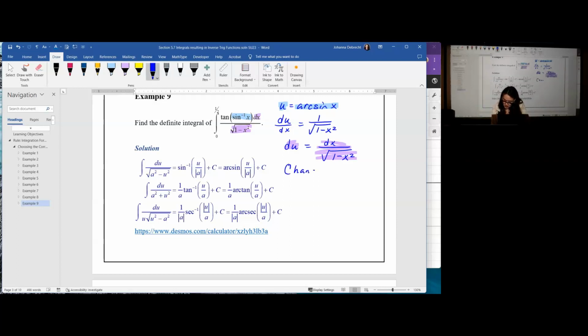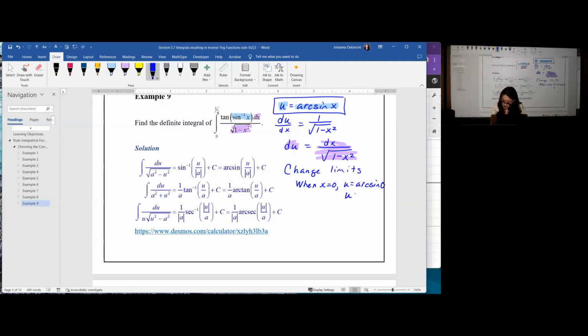If we want to change the limits, then I have to think about this equation here that u is the arcsine of x and say when x equals 0, then u equals the arcsine of 0, which is the angle whose sine is 0, but between negative pi over 2 and pi over 2.